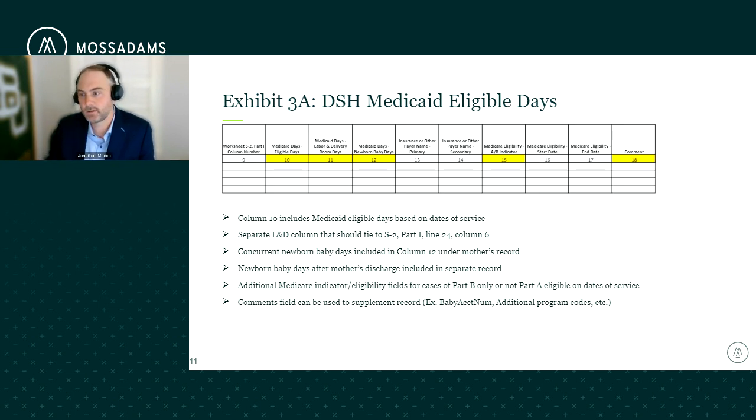If the baby stayed an extra day, they would then get their own record, a whole new record with the baby's information, and ultimately get their own days in column 10. So you basically split that baby's record into 2 separate rows. All right, thank you.